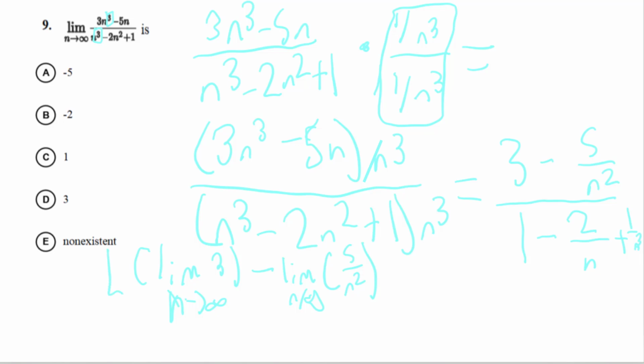And then we divide this whole expression by the denominator, which is the limit as n approaches infinity of 1, minus the limit as n approaches infinity of 2 over n, plus the limit as n approaches infinity of 1 over n cubed.